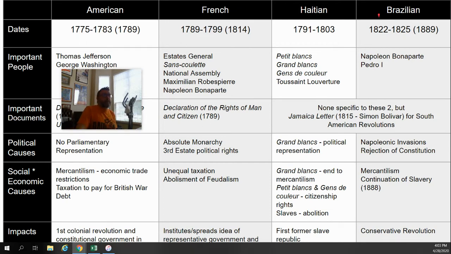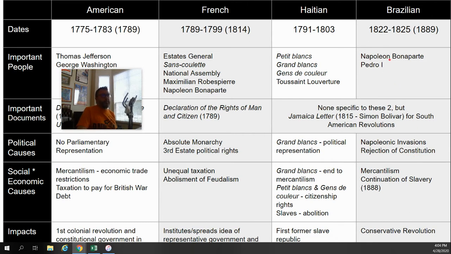Okay? So the Brazilian Revolution, it's one of the Latin American, as I said earlier. It's different because it's not going to try to impose many of these kind of political causes about representative government and an end to monarchy. Instead, it's going to want to reject the idea of constitutions, and it wants to keep monarchy.